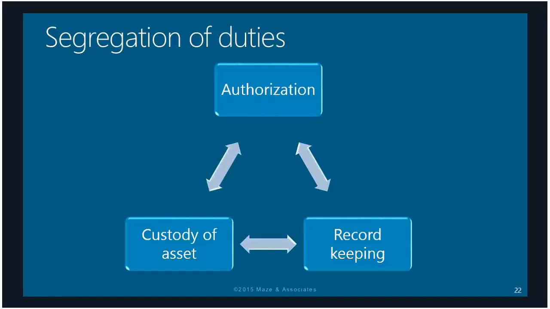And with the receipt cycle, is there someone who is able to prepare an accounts receivable invoice, who also takes the payment and also has the ability to write the receivable off? Again, these are all things where you don't have a very good level of segregation of duties.